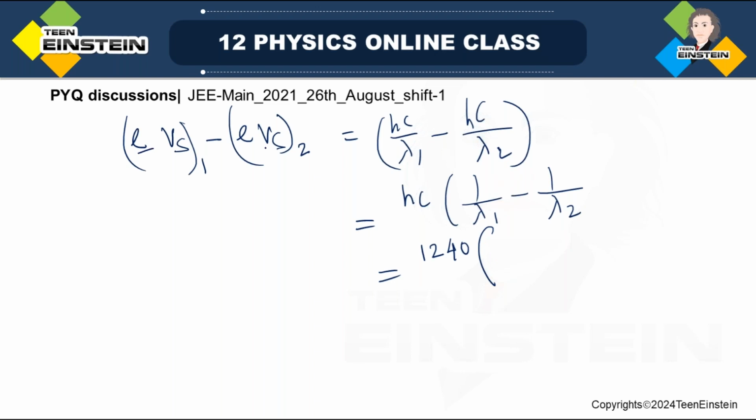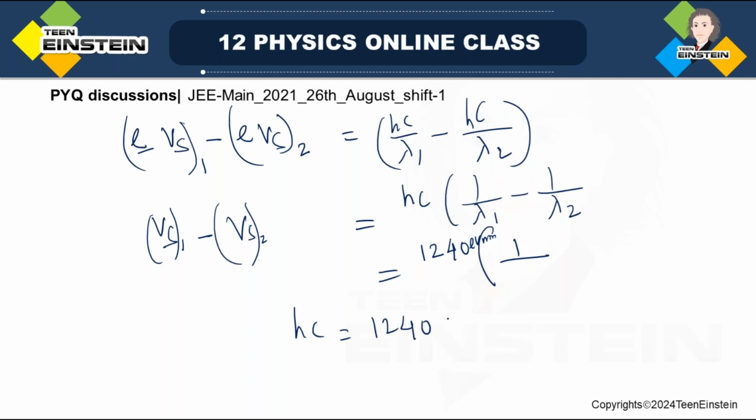I have to get the difference between Vs1 and Vs2. From here, 1 over lambda is in nanometer inverse, and this hc has the unit electron volt nanometer.